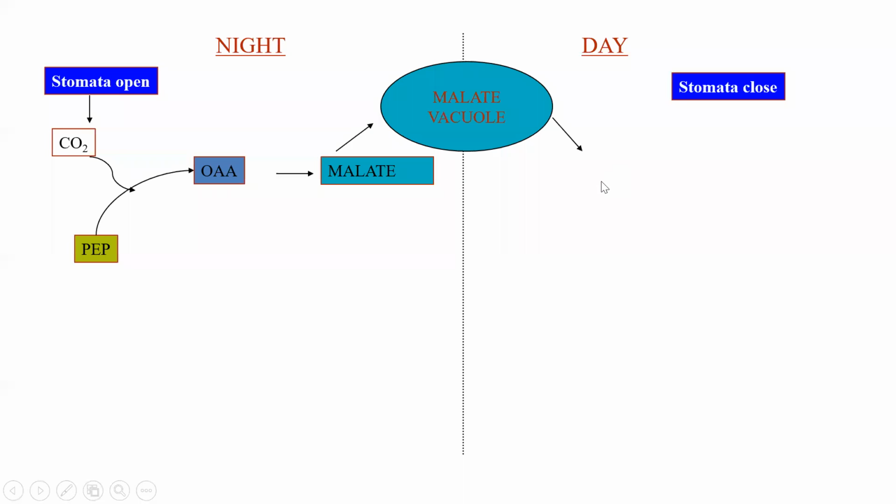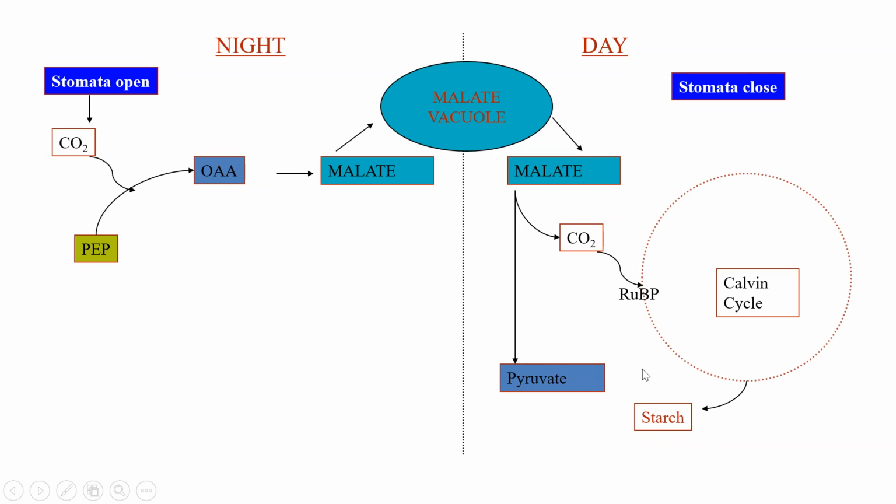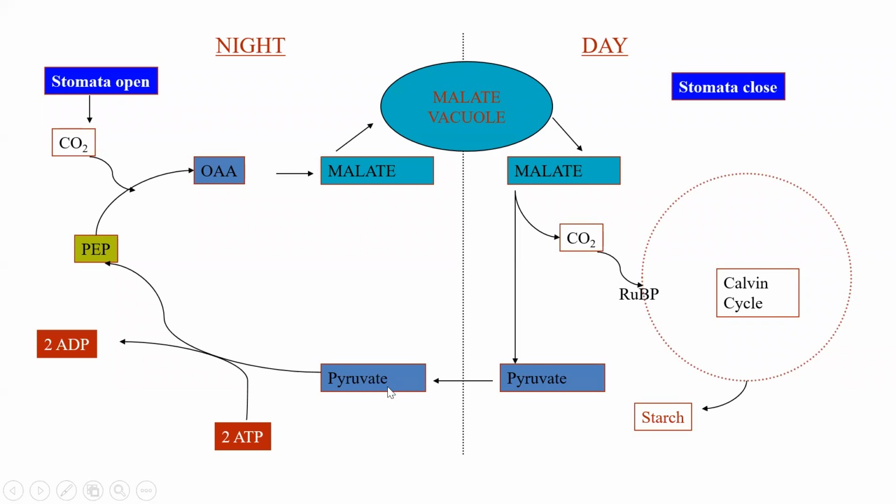In the day, what happens? The malate will come out of the vacuole. They will decarboxylate it. And as a result of decarboxylation, they will form CO2, and CO2 is accepted by RuBP, running the Calvin cycle, forming the starch, right? Now pyruvate is formed, and during the night period again, the pyruvate gets regenerated, forming the PEP. So you see exactly the same cycle.